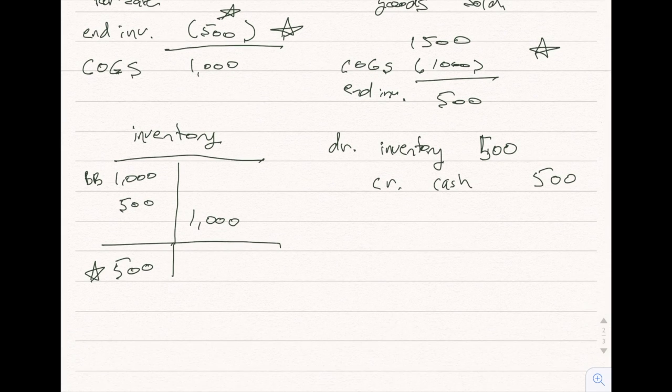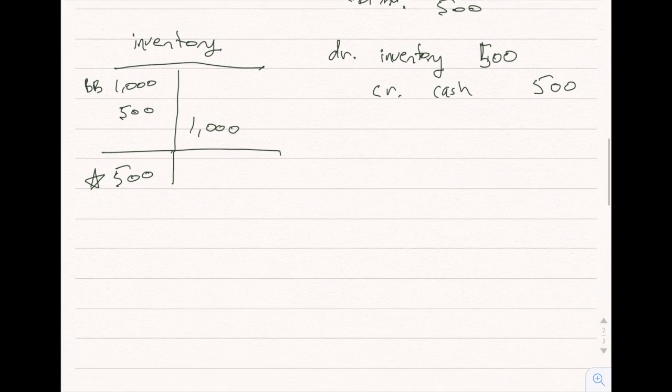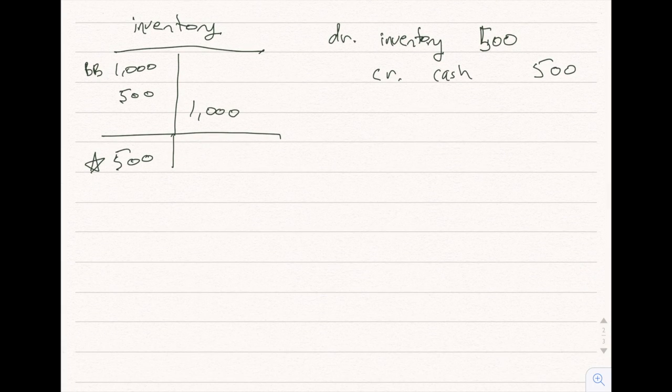Okay, but you sold something. So how is this reflected with the journal entry? Because this journal entry shows you buying the $500 worth of inventory, and then you sold 1,000, right? Because you had 1,000 in the first place, so you were able to sell more than just what you purchased, right? Because you had that beginning balance.